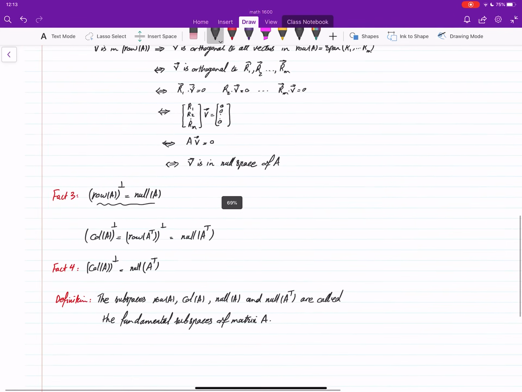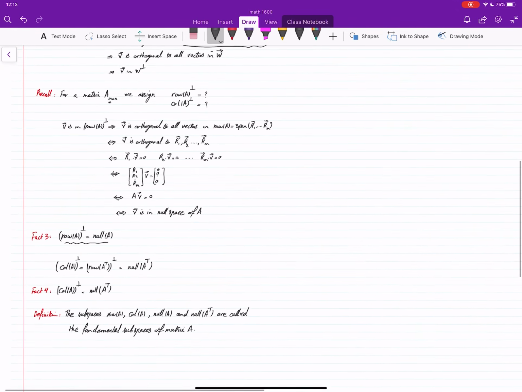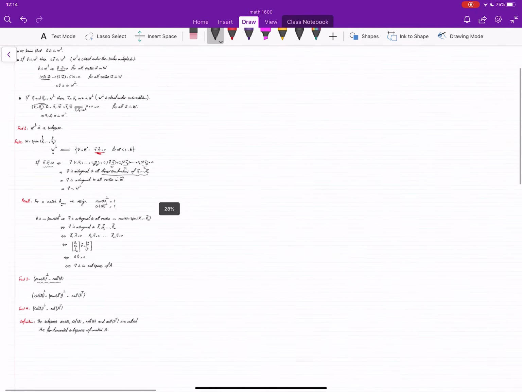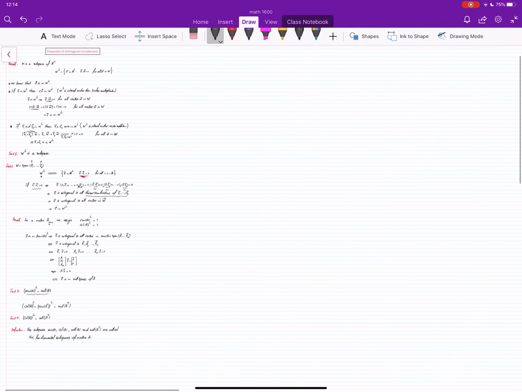We will use these facts, especially fact 3 and 4, to find orthogonal complements of a subspace generated by some vectors.